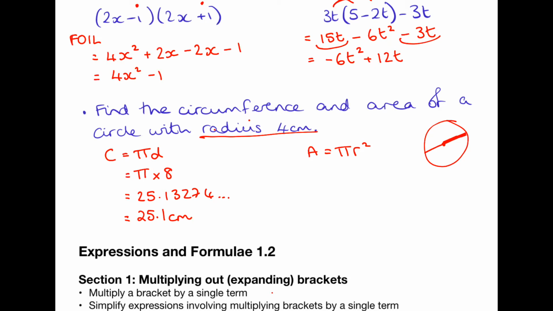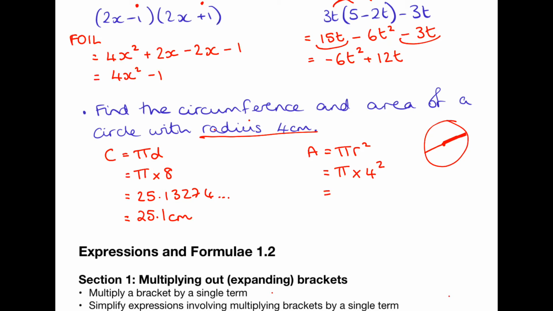Okay, over onto area then. So we've got pi times the radius squared, tells us the radius is 4, so it's pi times 4 squared. Don't forget 4 squared is not 8, it's 16, but you can just work that out straight away on the calculator. You don't need to put in the extra line of work where you say that that's pi times 16.